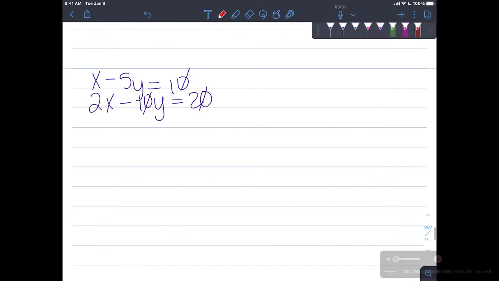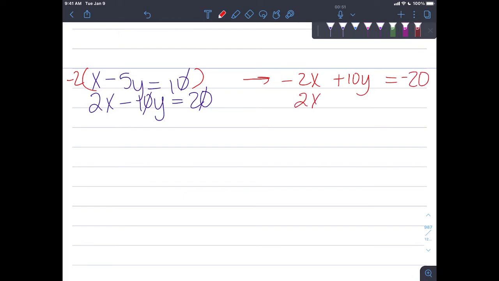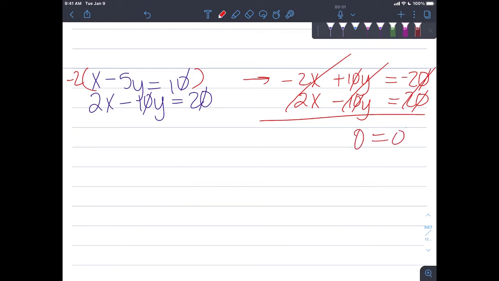Now, here's another one. I'm going to go ahead and I'm going to multiply this top one by -2 in order to get my zero pair. I'm going to copy down the second one. Cancel, cancel, cancel. I got 0 equals 0.